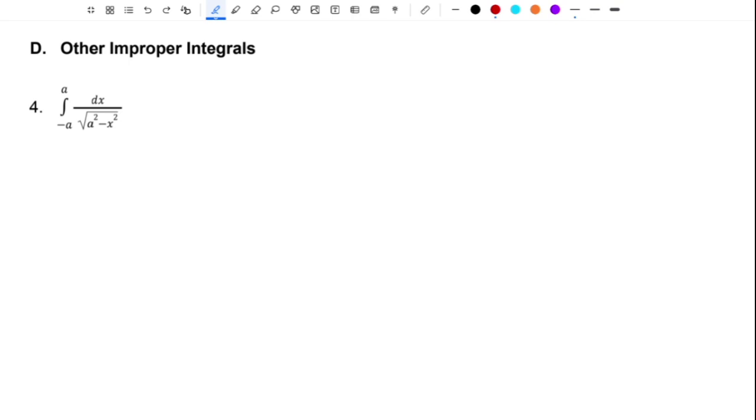This means that our critical number will be b, which is our upper limit.